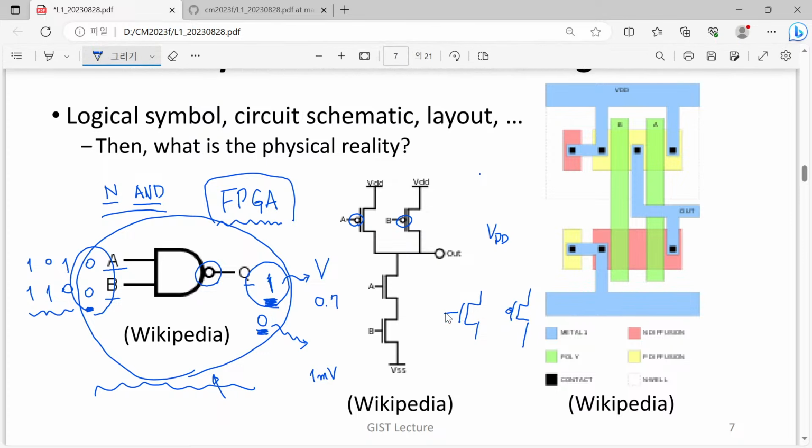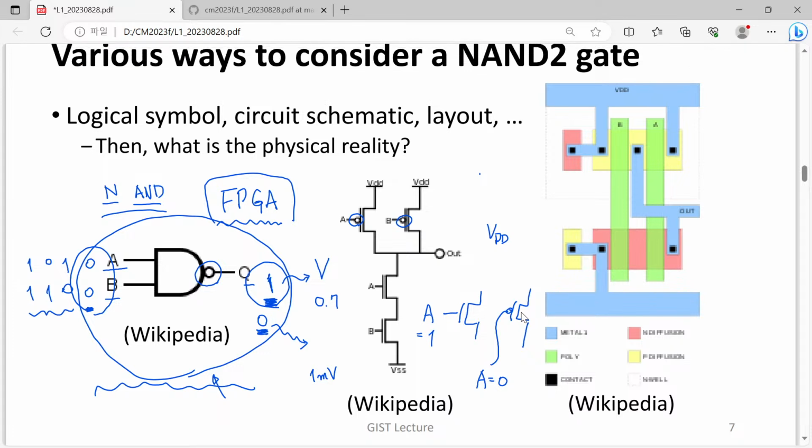This one without a bubble is conductive when A is 1. In this case, it becomes conductive. And in this case, when A equals 0, it becomes conductive. Then how can you generate such two different devices?